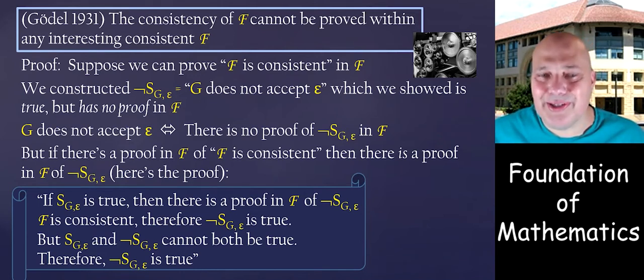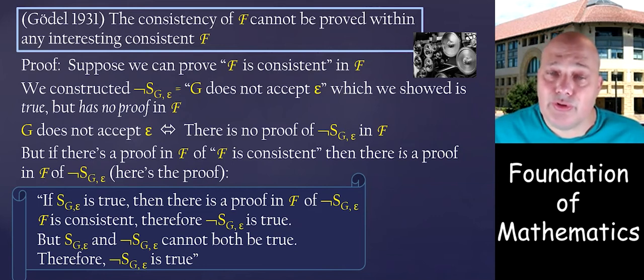So the proof itself is a proof by contradiction. We assume that S_{G,ε} is true, and when we reach a contradiction, we'll deduce that not S_{G,ε}. Then there is a proof in F of not S_{G,ε}, right? If S_{G,ε} is true, then just by the way we defined S_{G,ε}, by what we proved here, there is a proof in F of not S_{G,ε}, because what G does is to search for this proof.